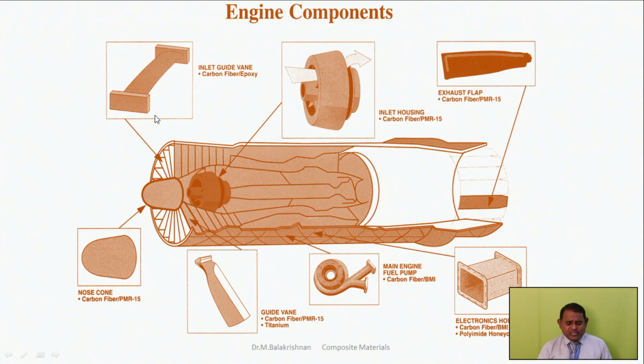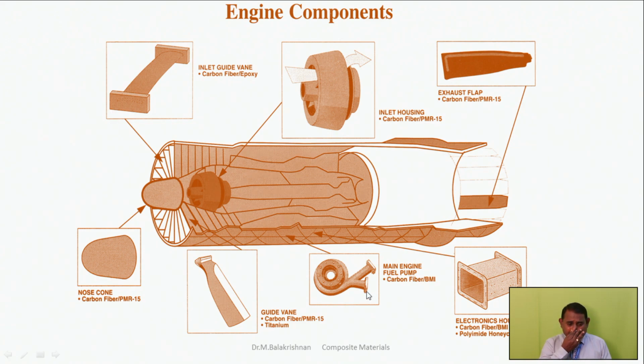And engine components: you cannot omit composite material applications even in high temperature locations. You see the inlet guide vane and exhaust flap, where the gas is normally emitted, made with carbon fiber and PMR 15 composite, and the electronic housing, which is also made with carbon fiber and BMI, and the main engine fuel pump, which is also made with carbon fiber and BMI.